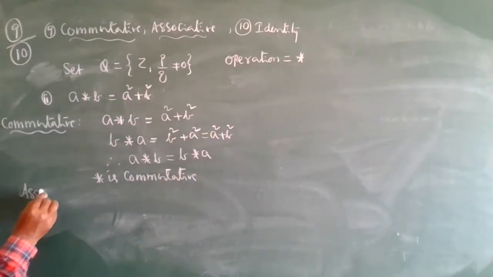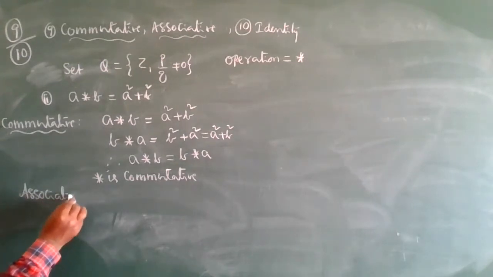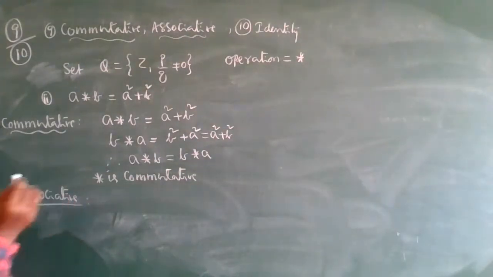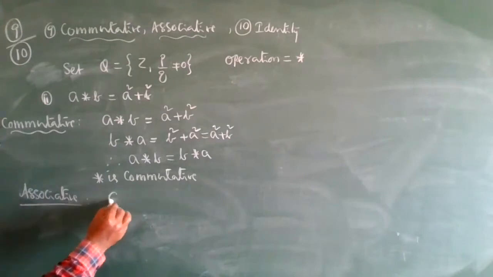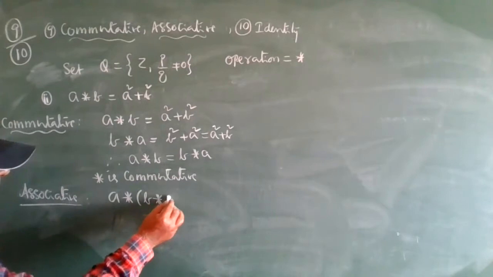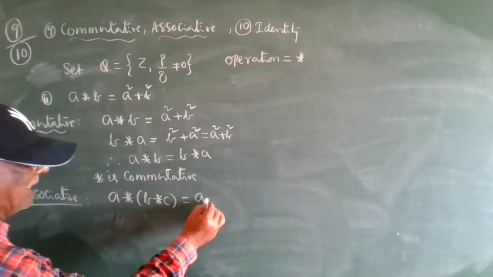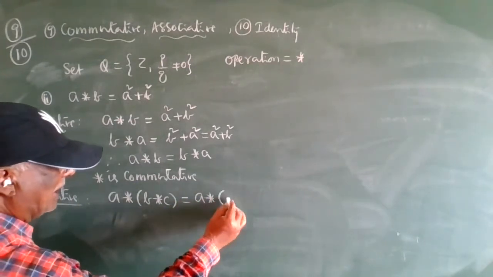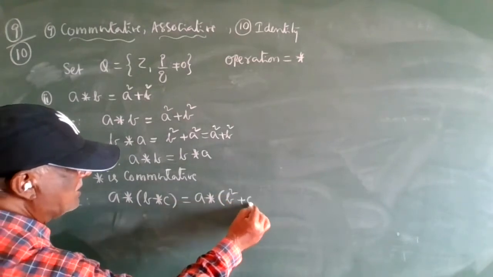Associative. Take three elements. A star bracket of B star C. That is A star bracket of B square plus C square.